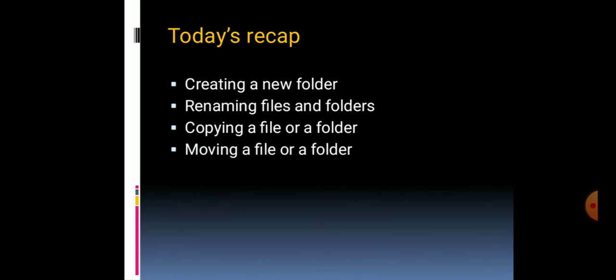Then moving a folder, that is, we are going to change the location of the file or a folder. That is, the function folder is removed from the desktop and pasted in the CS demo folder. This is called moving, removing from the original place, and pasting it in some other place.